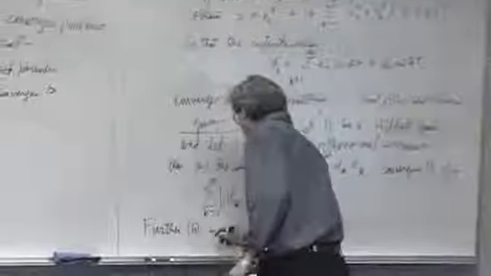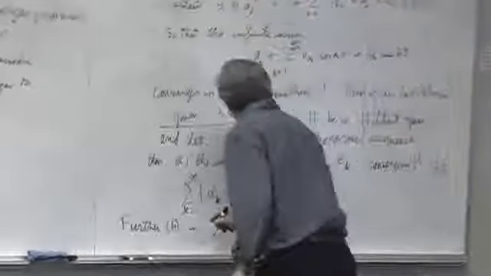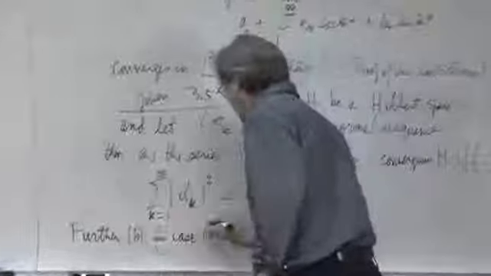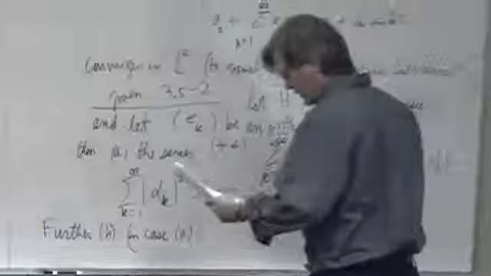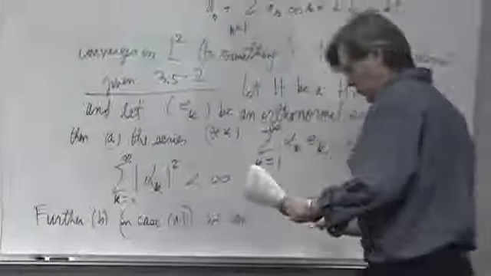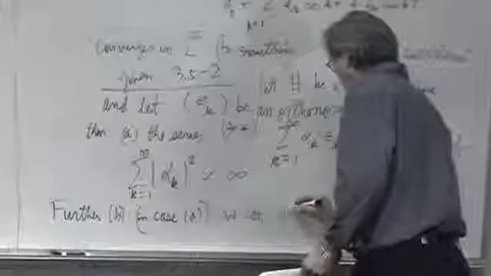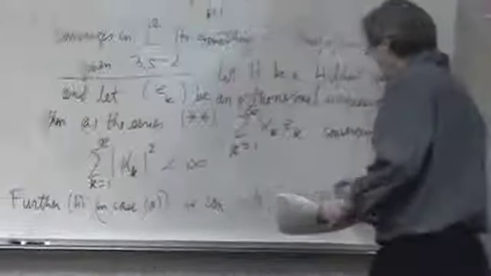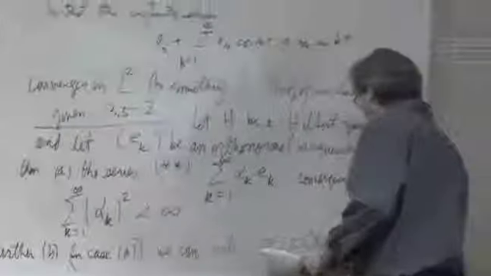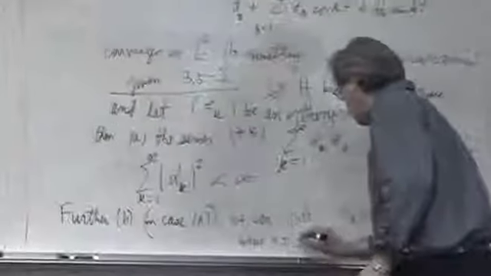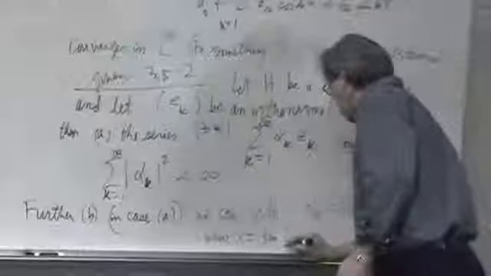B, in case this A holds, we actually know what the coefficients are. We can write that the alpha k's are equal to x ek, where x is the limit, x equals the limit of the sum k goes from 1 to n of alpha k ek.